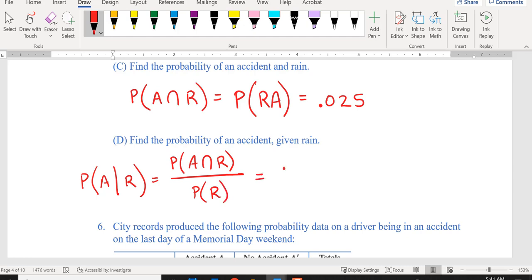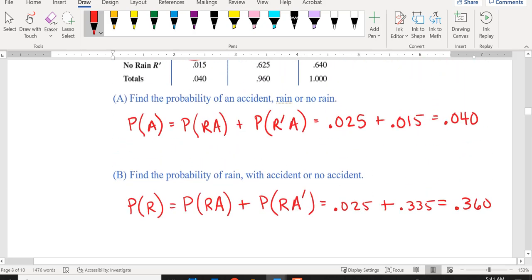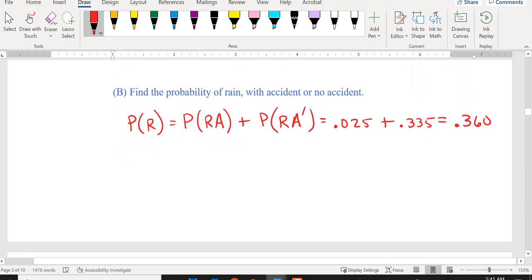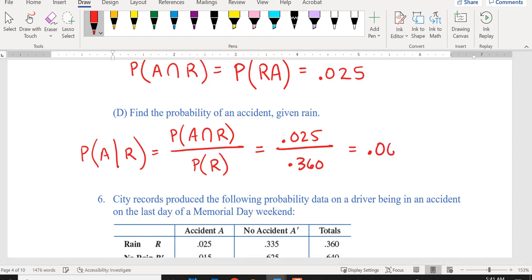So we just found that one was 0.025, and the probability of rain was 0.360. So that probability is 0.069.